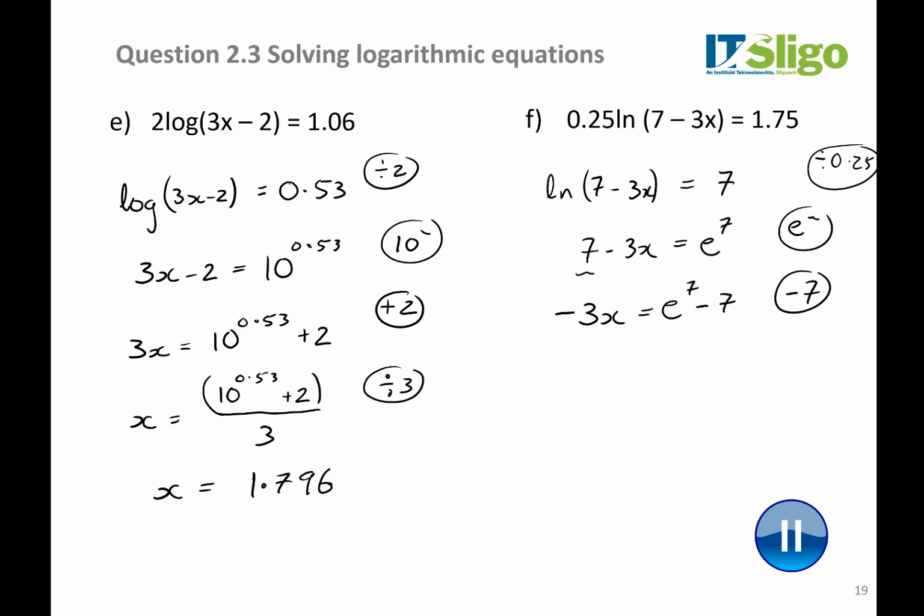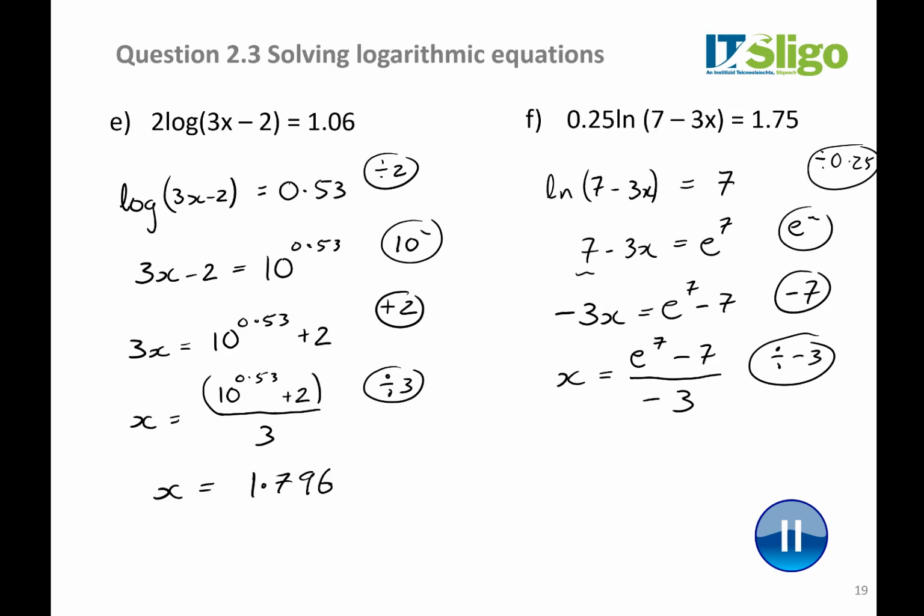Now you could move the minus if you wanted, guys, but I'm just going to do it all in one go. I'm going to divide both sides by minus 3. So x is equal to e to the power of 7 minus 7, all divided by minus 3. And because I'm just looking for an answer, I don't really care about the minus 3 being on the bottom.